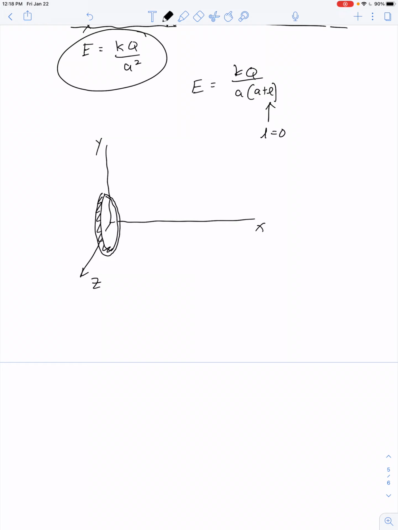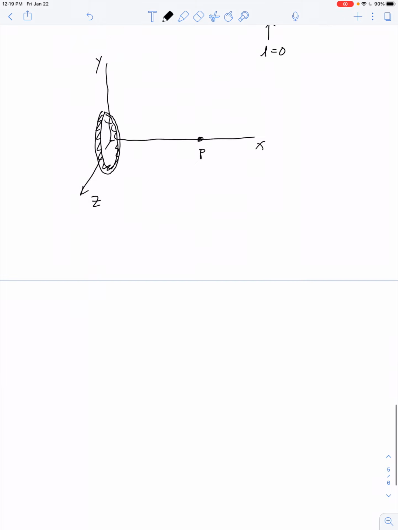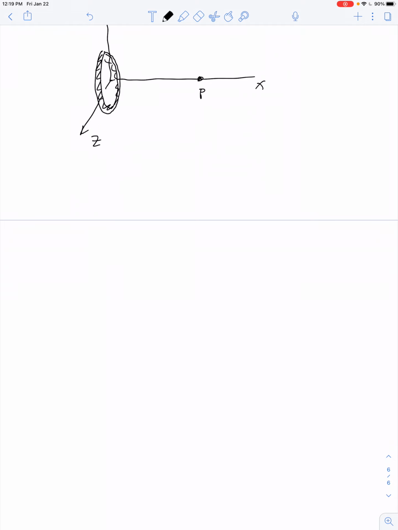So if we rub this plastic ring and give it a uniform charge, and now we want to find what's the electric field maybe at this point P. Or, another example, we might say we take a piece of plastic and bend it into an arc. And if we were to continue that shape, that arc might be a fraction of a circle. The question is, what's the electric field at the center of curvature of this charged arc?